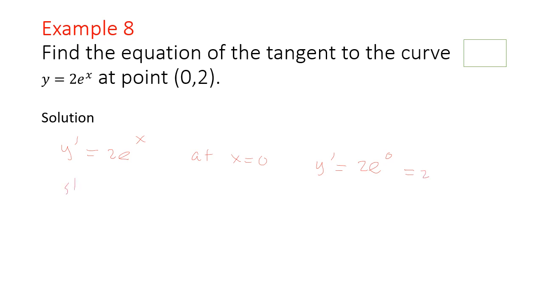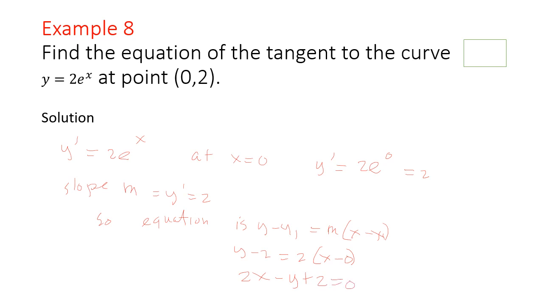So the slope m equals y prime equals 2. So the equation is y minus y sub 1 equals m times x minus x sub 1. y minus 2 equals 2 times x minus 0, or we have 2x minus y plus 2 equals 0.